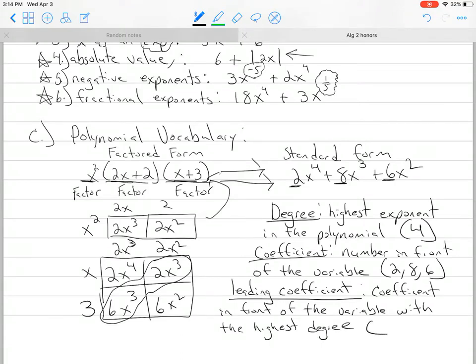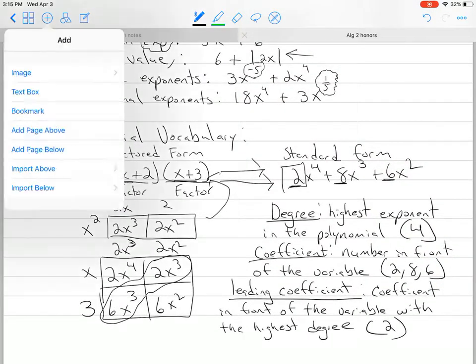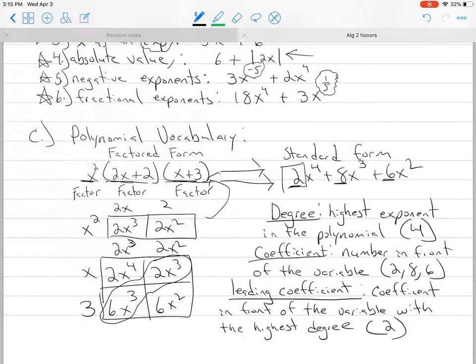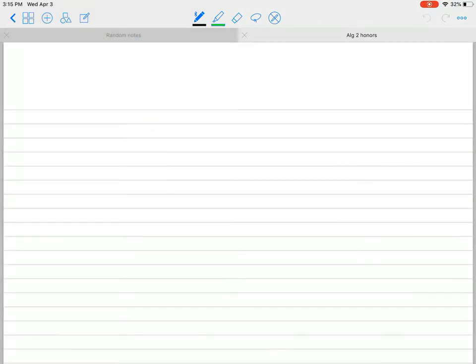So in this situation, the highest degree is 4, so my leading coefficient would be 2. We got factors, and there's one last thing we need. Let me add a page right here. The last thing we need, we got leading coefficient, factored form, standard form, factors. The last thing we need is roots.